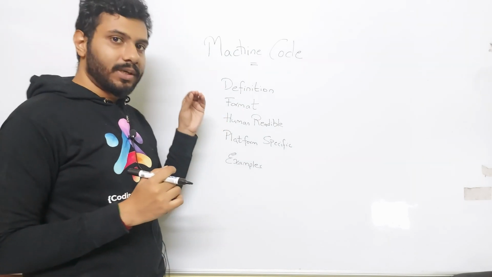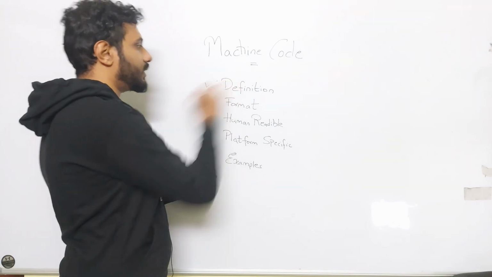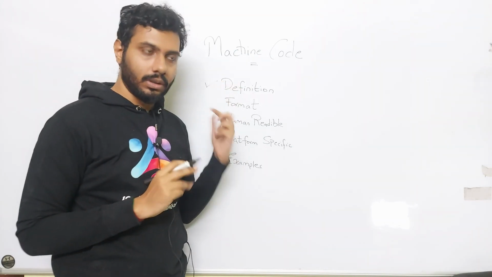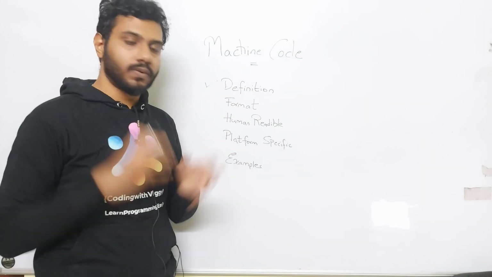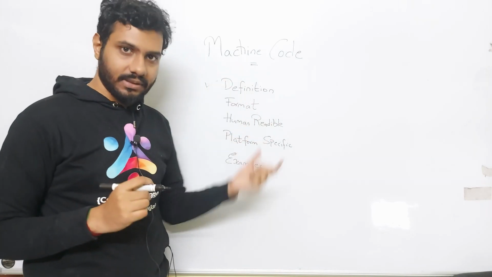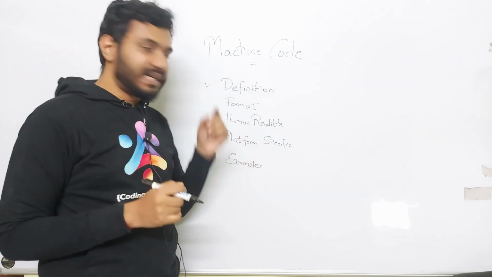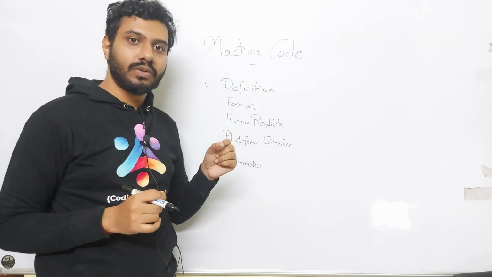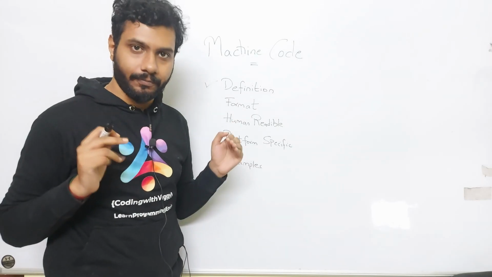So what is the definition of machine code? Machine code is also known as object code. It is a set of instructions directly executable by the central processor unit of the computer.